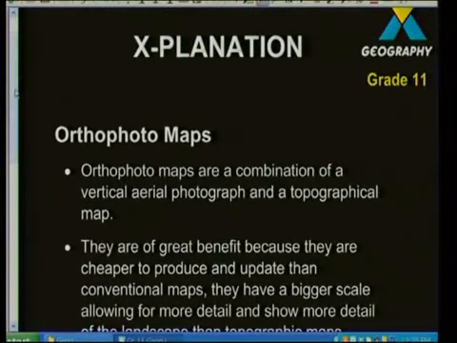The next one we look at is an orthophoto. Sometimes learners ask us, what is the difference between an orthophoto and an aerial photograph? Please note, an orthophoto is an aerial photograph, and what we do here is add in more detail to make it into a map. We add in contour lines and spot heights.